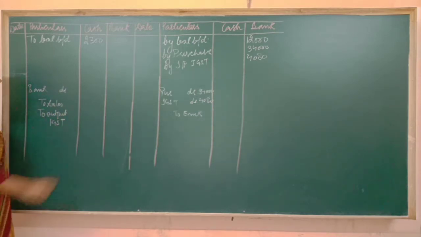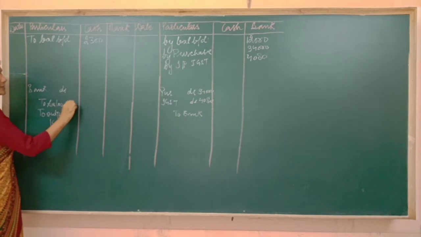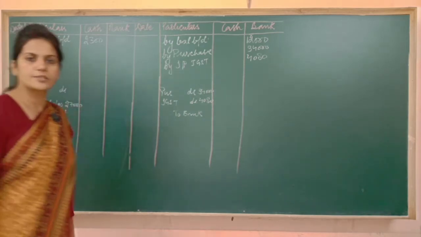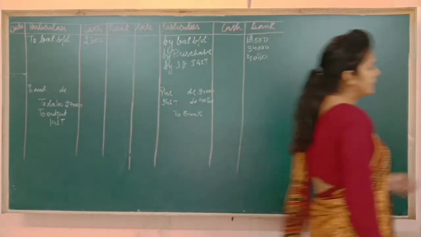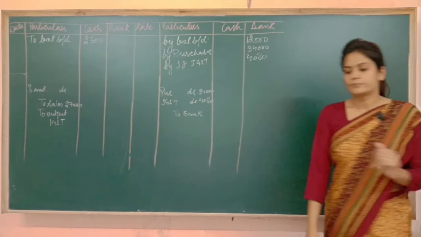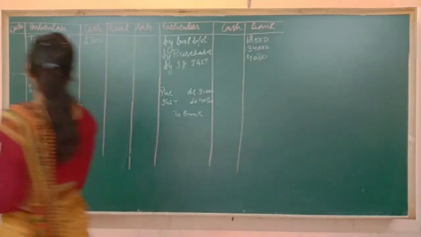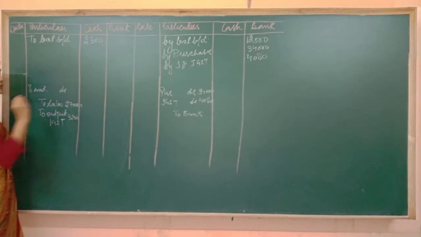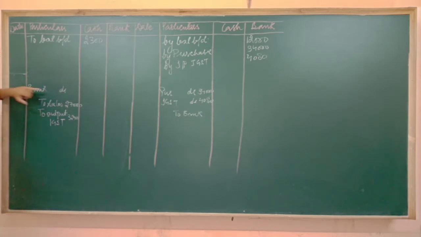The value of sales are 27,000, means the amount which is there after charging your trade discount and the IGST is 12%. It means it is 12% of 27,000, that is 3240. Now I am debiting here bank column.